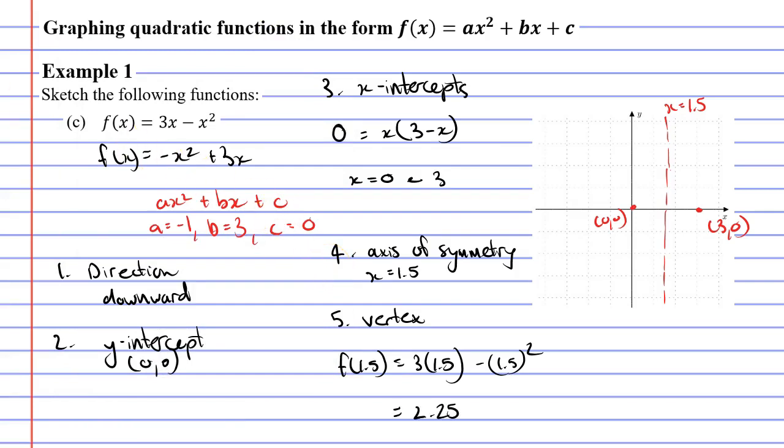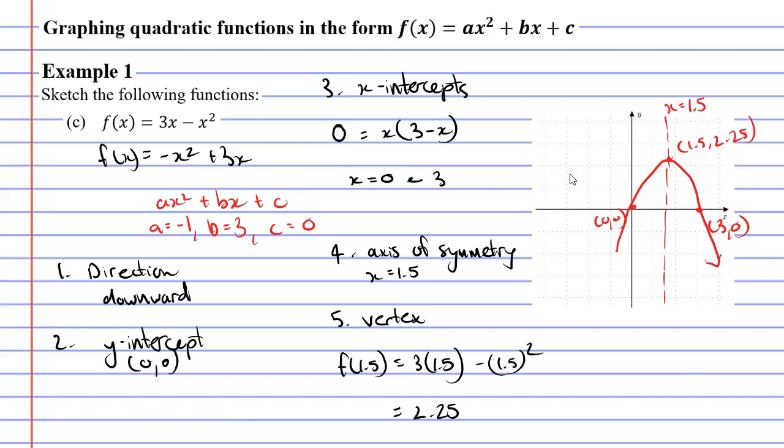Which means that our vertex exists at the point 1.5, 2.25. We know that this is a downward facing parabola, so we're going to sketch a downward facing parabola like so.